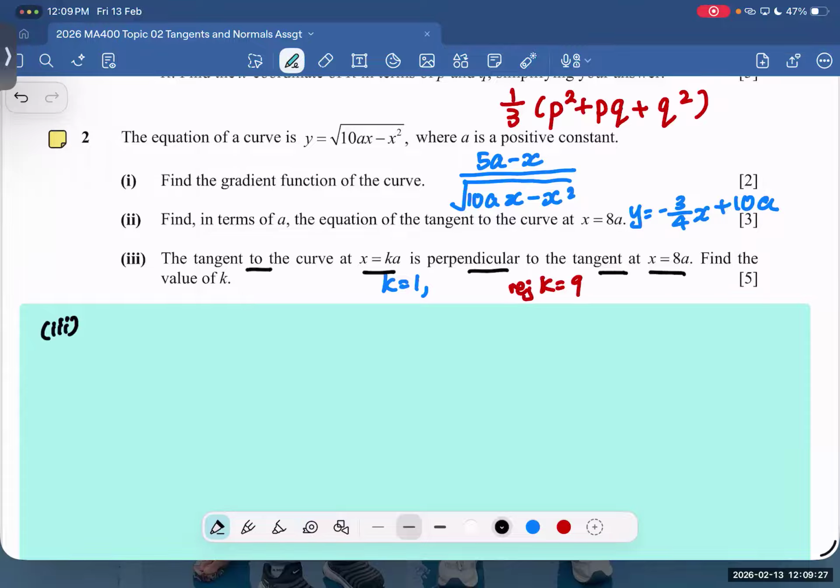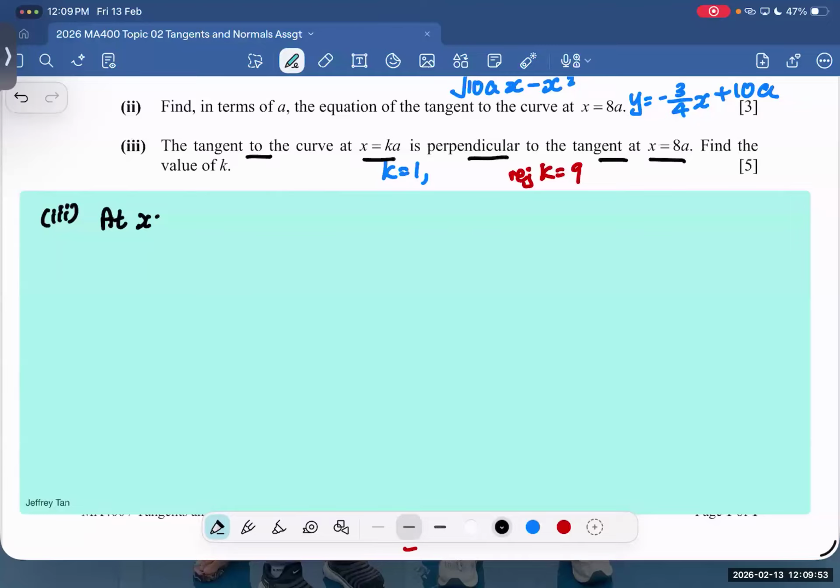Can anyone tell me what's the gradient? 4/3. Very good. And x equals Ka, the gradient is equal to 4/3, simply by observing here. You understand?